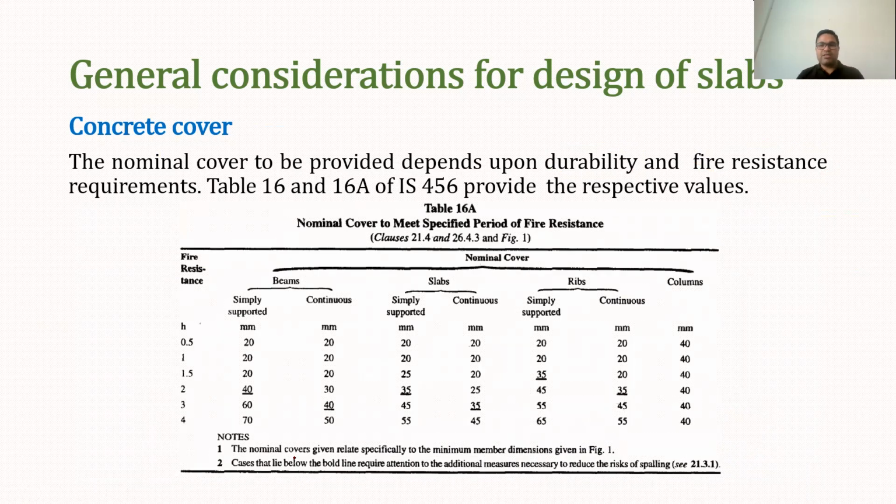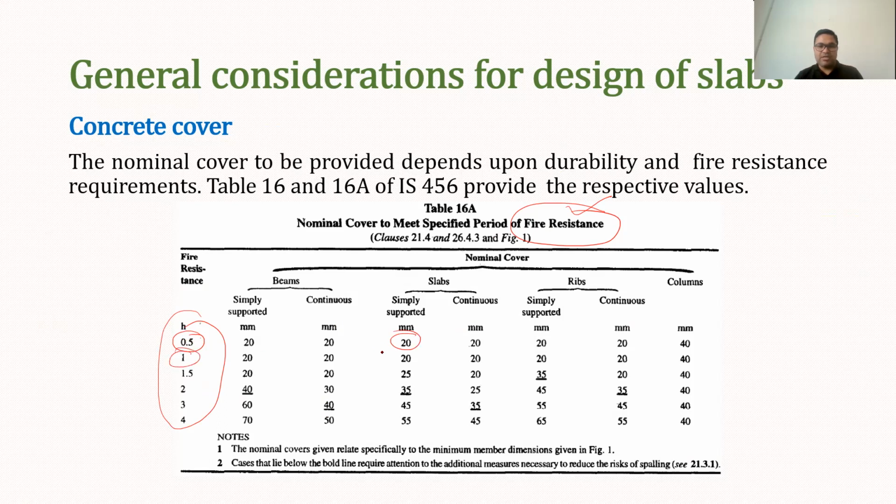Also, if we are designing our structure performance based, so if we want to make our member fire resistant, then based on the fire resistance time, we can determine our covers. For example, if we want our member to resist fire for at least half an hour, then the minimum cover for the slab will be 20.